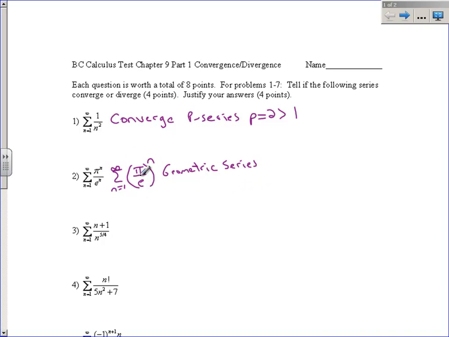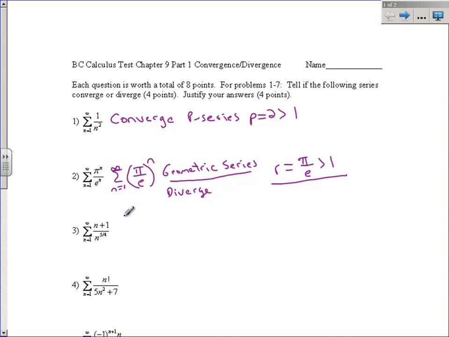Now, pi is 3.14159, e is 2.71828. This fraction is a number a little bit bigger than 3 over a number a little bit smaller than 3. So pi over e is your common ratio, and that is larger than 1. So I would say diverge because this is a geometric series with the common ratio larger than 1.